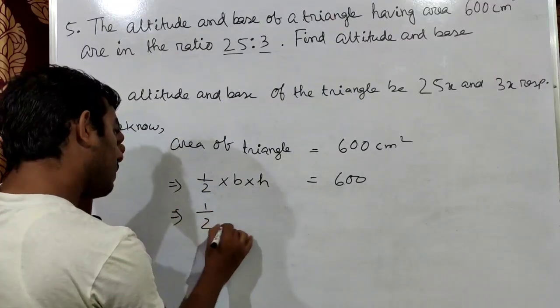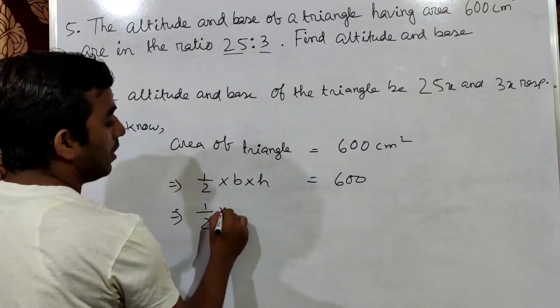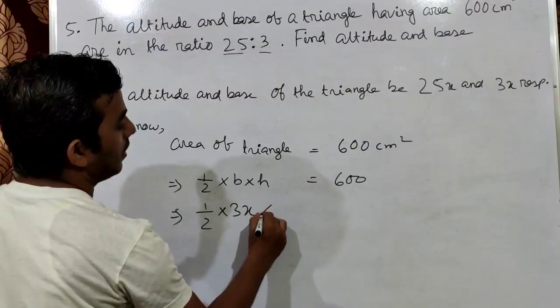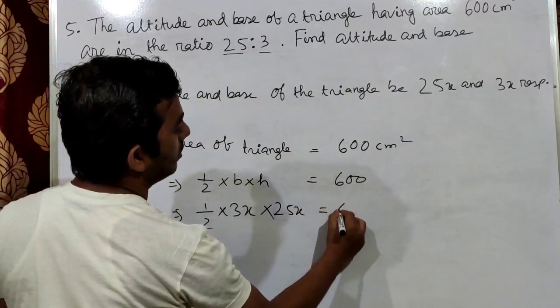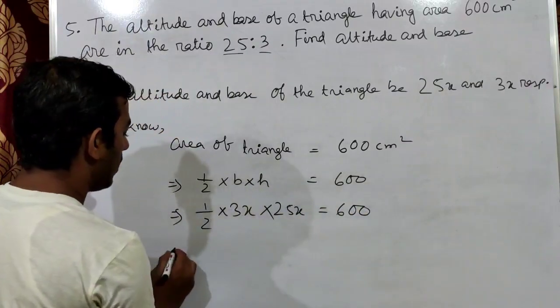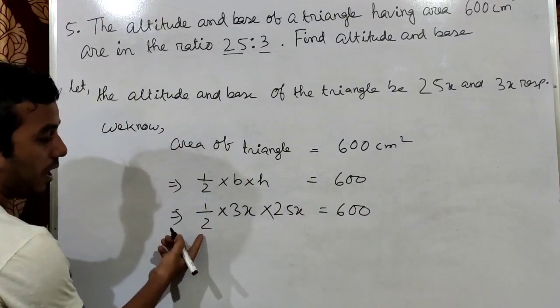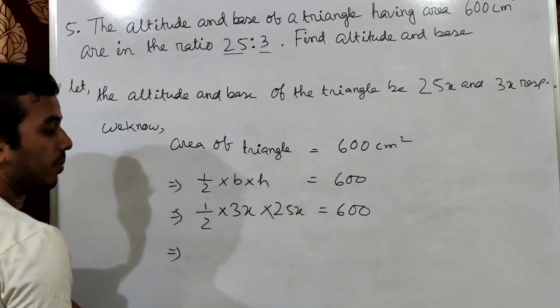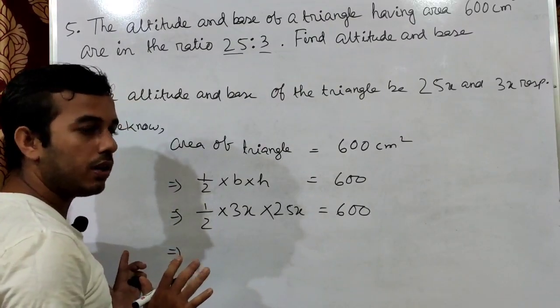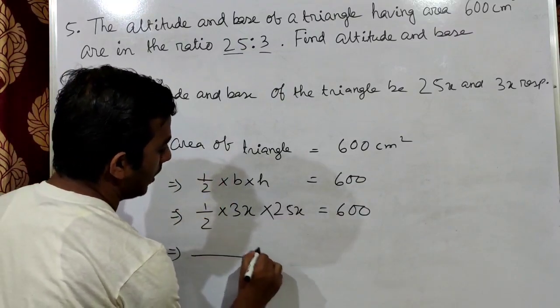So half into base, which is 3x, into height, which is 25x, equals 600. Clear? Okay.